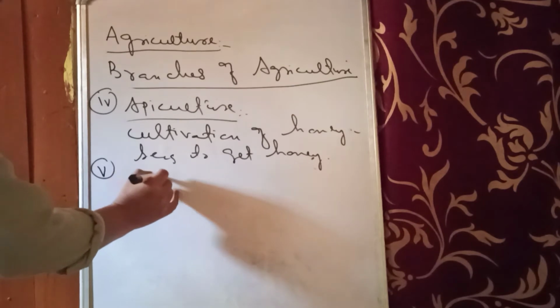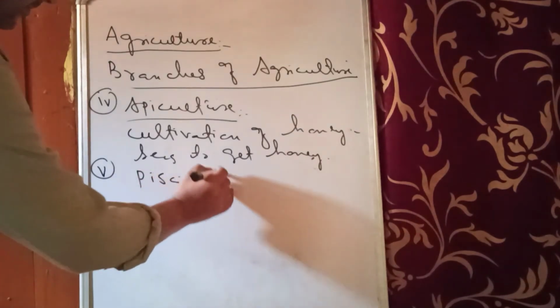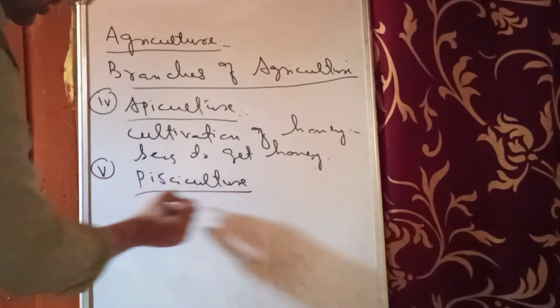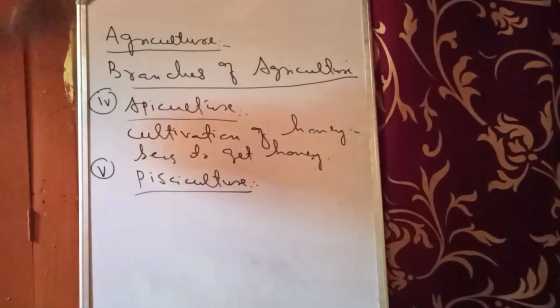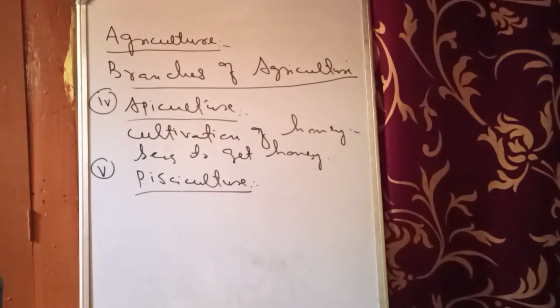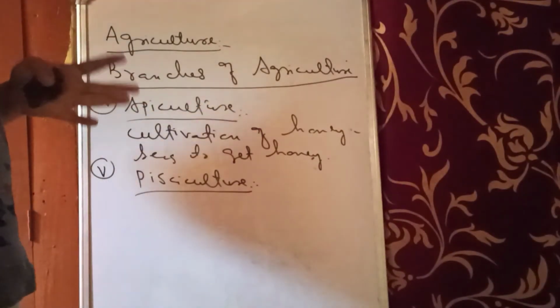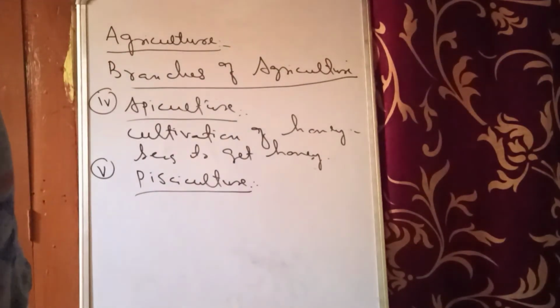pisciculture. You know that fish, different types of fish, trout, carp, grass carp, provide us a protein diet. They are an important part of our food. So there is a separate culture for these fish to grow.